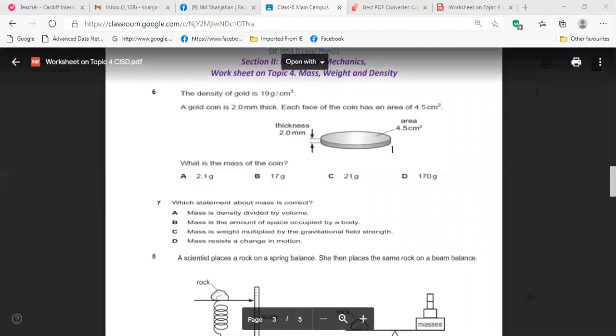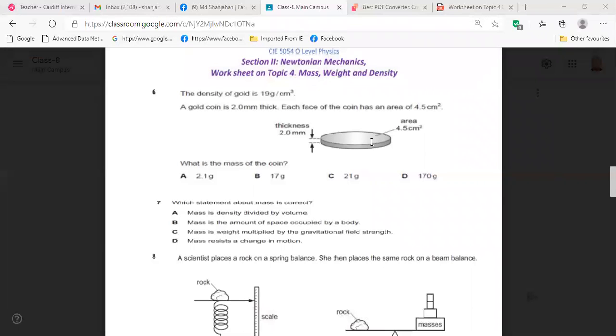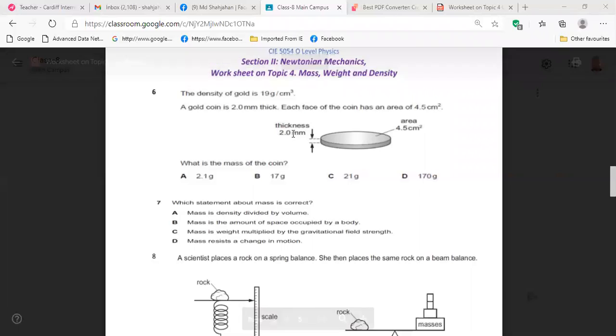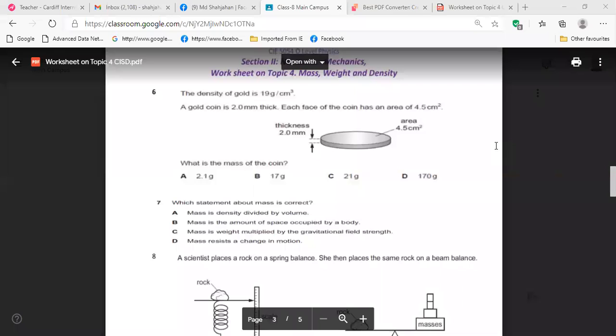So it's the same formula, pi r square h. Pi r square here is given, that is area, and h is here thickness. So 2 millimeter you have to convert to centimeter. What will be the value? 0.2.